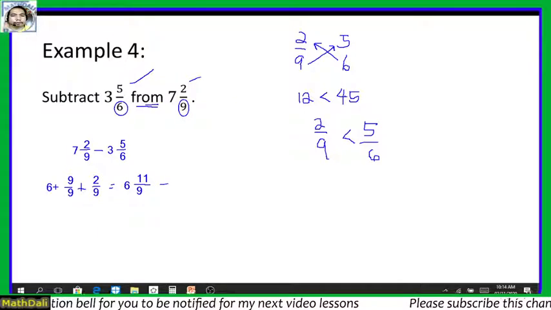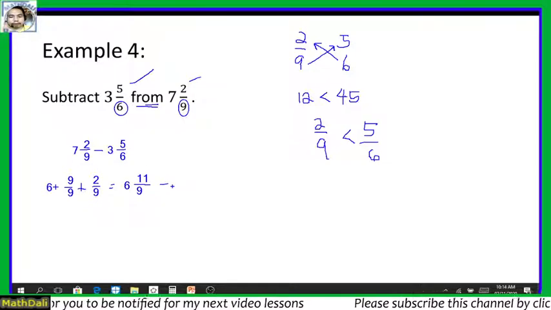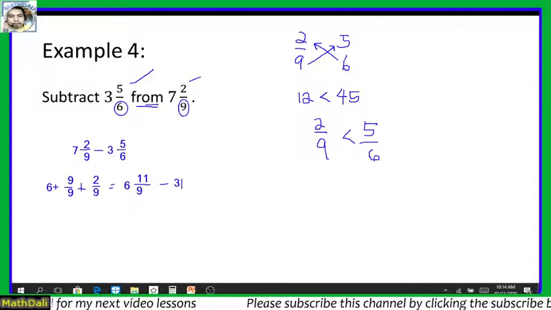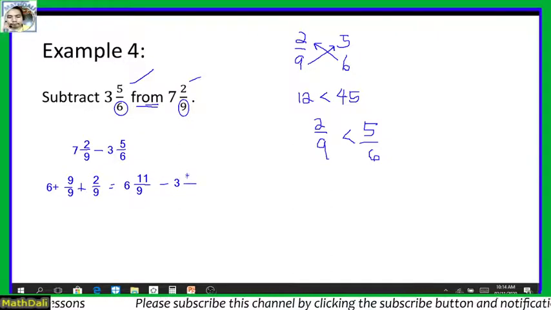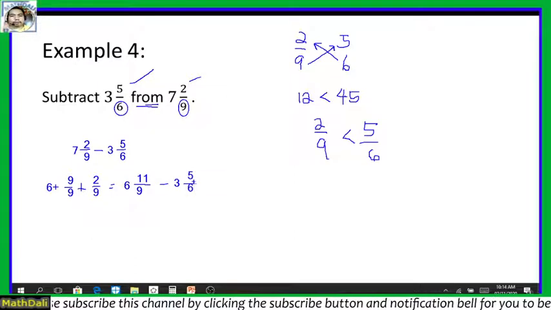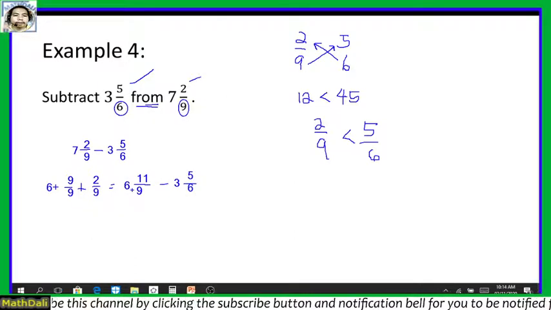Minus yung ating fraction, that is 3 and we have 5/6. Okay, so ayan. Anong gagawin natin dito?